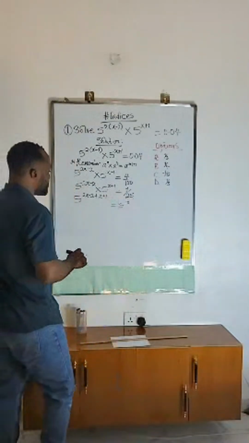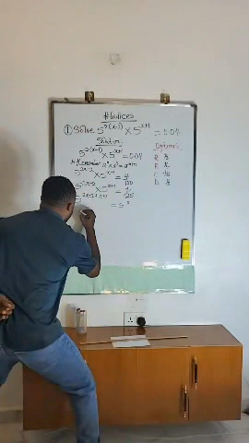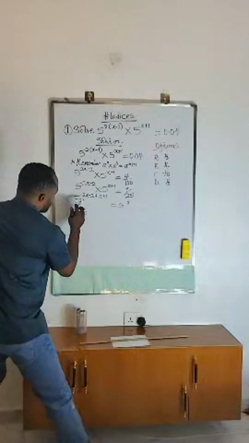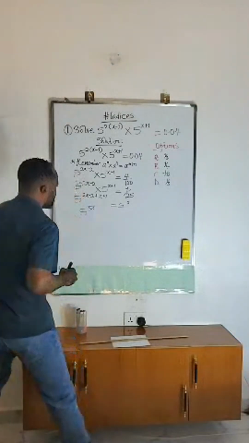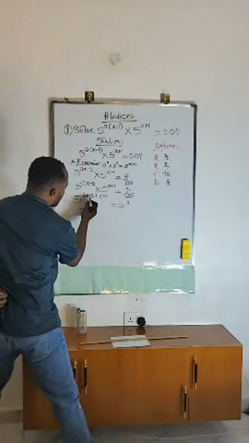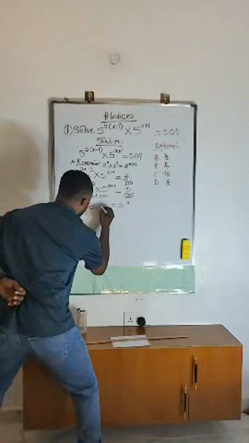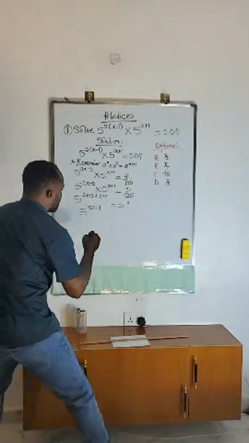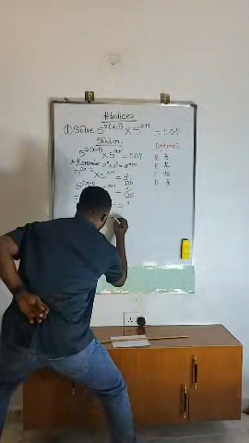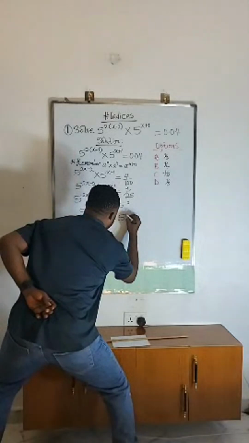Okay, let's round off this side. You will have 5, 2x plus x is 3x. Now minus 2 plus 1 is minus 1. Is that right? To be equal to 5 raised to the power of minus 2.